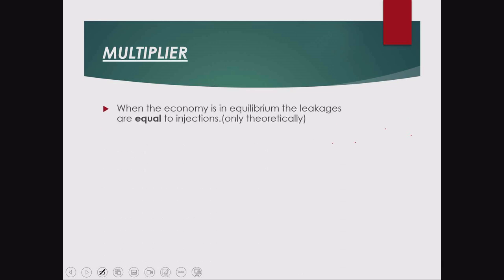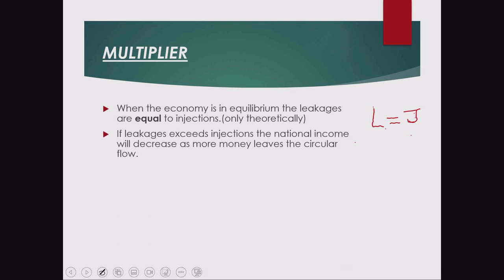Now, if the economy is in equilibrium, your leakages will be equal to your injections. But now, if the leakages exceed the injections, your L stands for leakage, it means they are more than the injections.